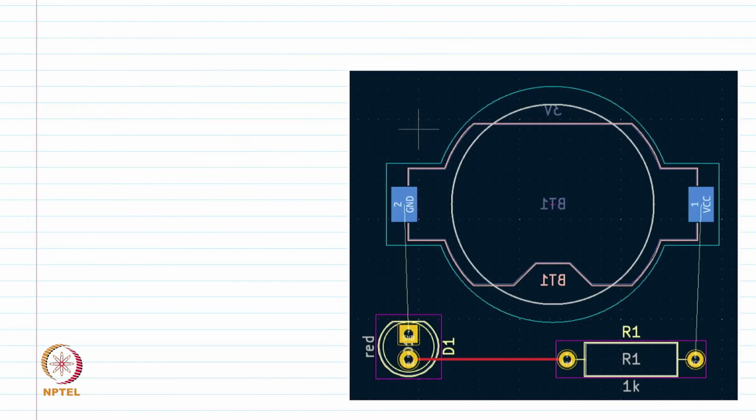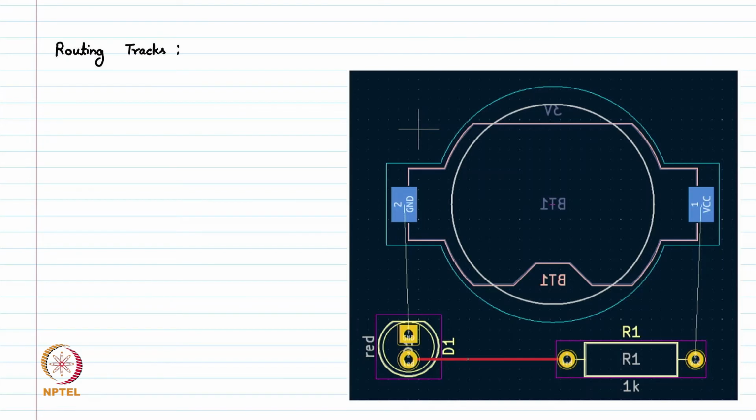Now the next step is to wire these rat nests. Now we are doing the routing of tracks. These rat nests, as we see by this line, are the connections that need to be made.